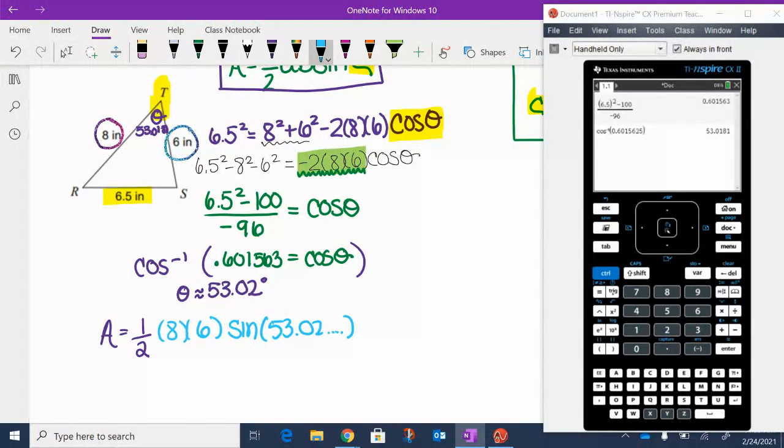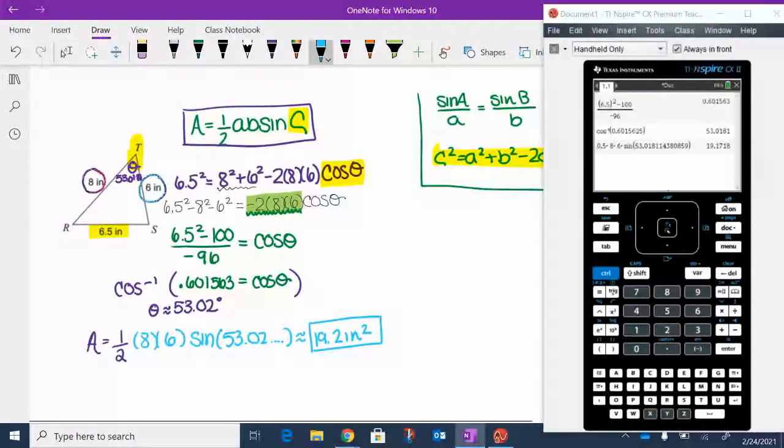All right, so now all I have to do, guys, is type this straight in on my calculator over here, and I'll get my answer. 0.5 times 8 times 6 times sine of, I'm just going to grab it, it's more exact. So my area is approximately equal to 19.2 square inches. So again, this is just an example of finding the area of a triangle when you don't have that angle that you needed.